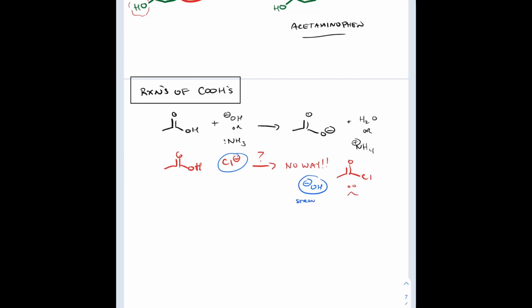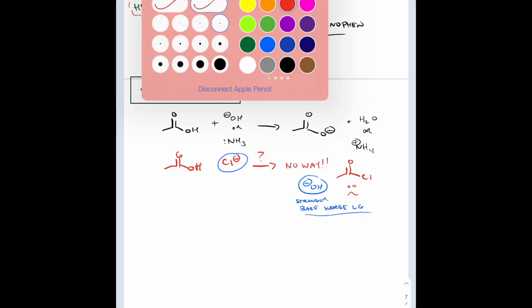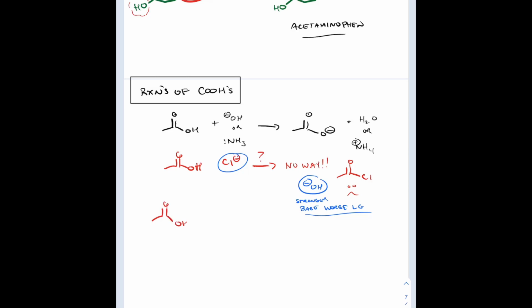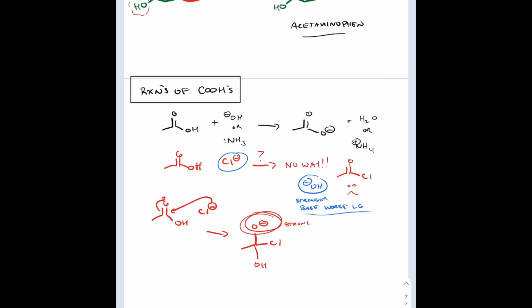If we take a look at the acid-base chemistry associated with it, we can see that the alkoxide in the tetrahedral intermediate is a stronger base. And then when it comes back down to kick it out, the chloride is a better leaving group, and so we essentially end up with the carboxylic acid again, if it were even going to attack.